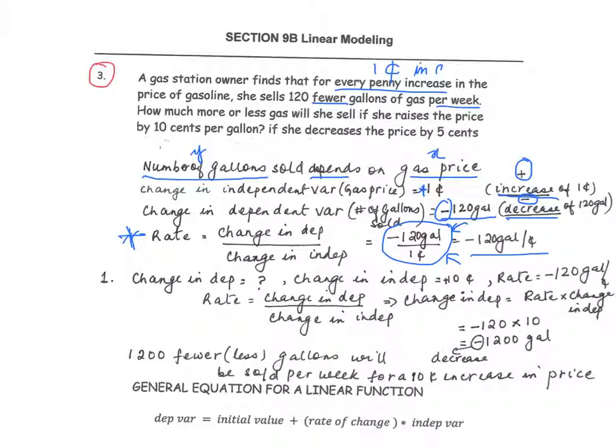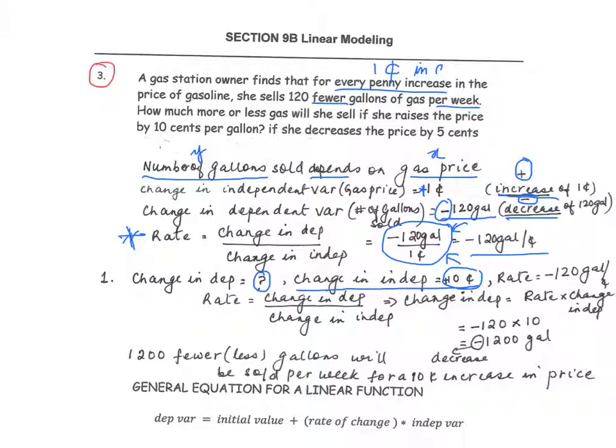Now, the question that we need to answer is how much more or less gas will she sell if she raises the price by 10 cents? So what is the change in the number of gallons sold, which is the change in the dependent variable, when we know that the change in the independent variable, which is the gas price, is an increase of 10 cents, which is positive 10 cents.